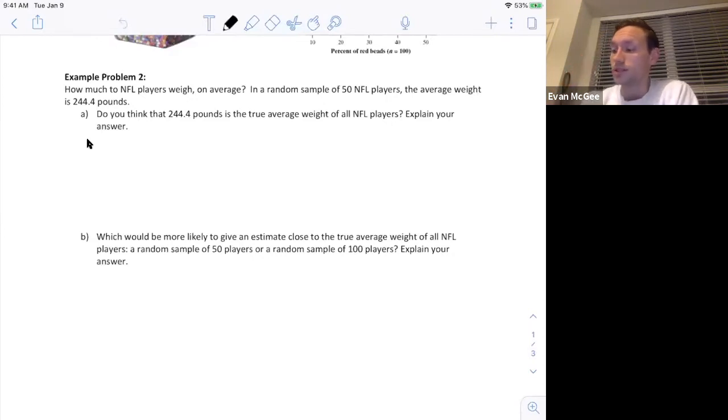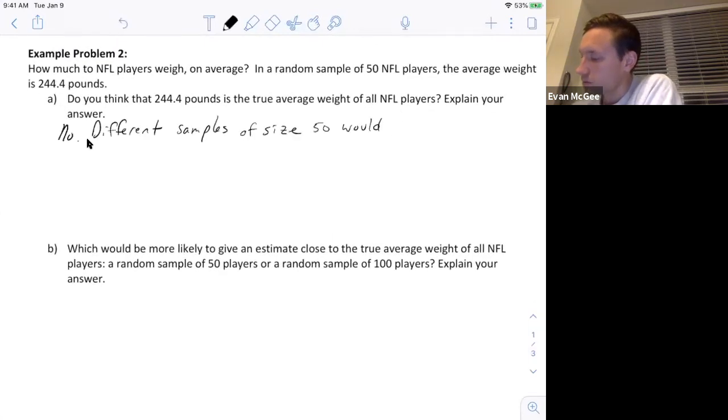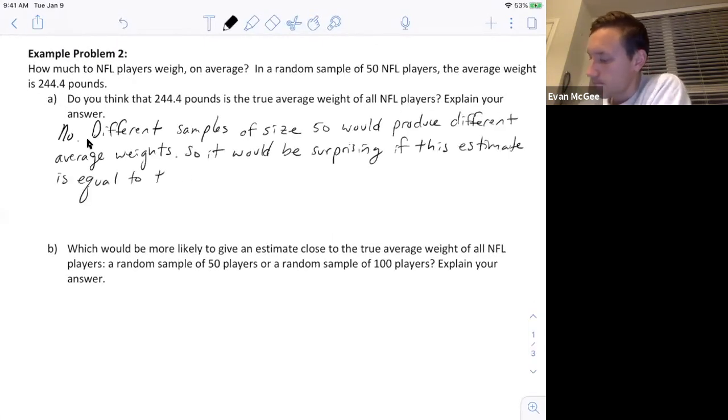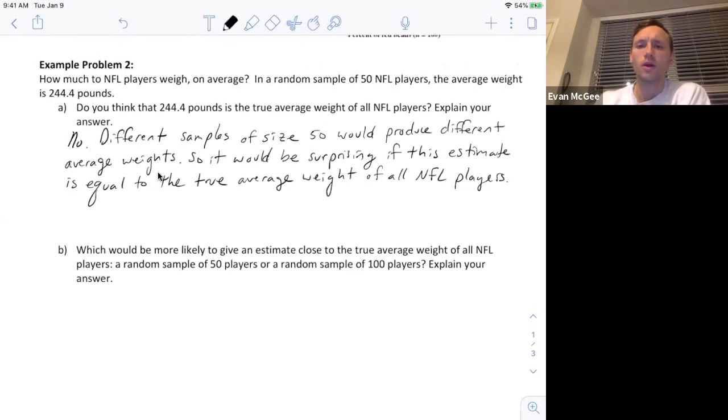It would be surprising if this estimate, 244.4 pounds, is equal to the average of all NFL players. We would hope that if our sampling technique was representative, it would be close, but we'd be very surprised if it was exactly equal to the truth because of sampling variability.